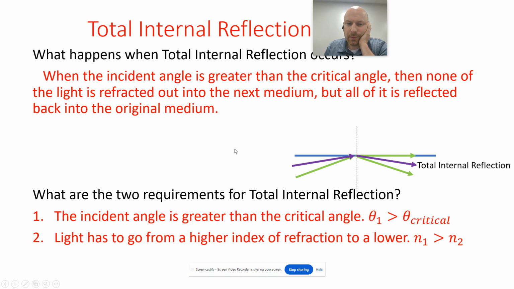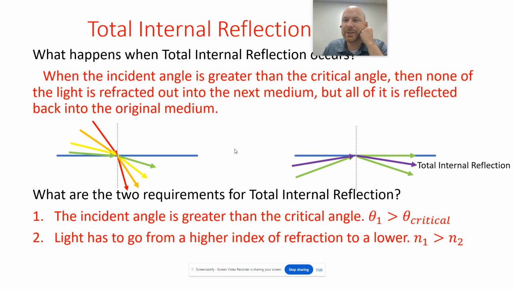The incident angle has to be greater than the critical angle, which we've talked about, and light has to go from a higher index of refraction to a lower index of refraction, because if it doesn't, so here we're going from air to water, it bends towards the normal line. If we increase the incident angle like we did before, it still bends towards the normal line, not as much as before, but as you increase that, you see how even if you're skimming the water, you're still bending towards the normal line.